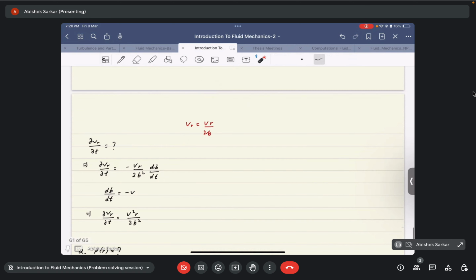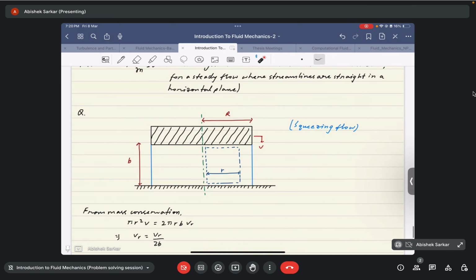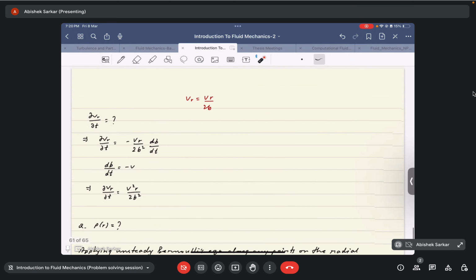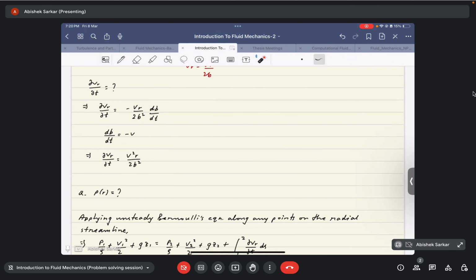Why? Because the rate at which the height of the fluid decreases is equal to the velocity of the plate. That's why dB by dt, the rate of change of b, would be equal to the velocity of the plate moving downwards, right? So we would have dB by dt equal to minus v to give the direction sense of the motion of the plate.